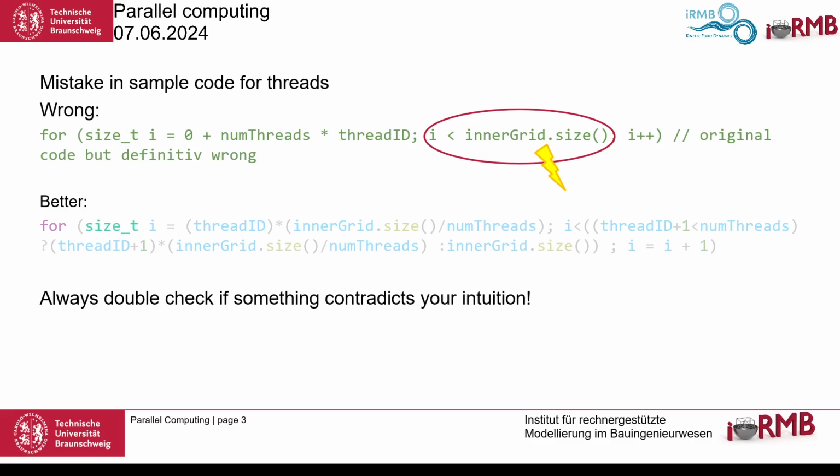Which doesn't make sense. So each one should get a slice, right? So the upper bound of this loop should also depend somehow on the thread ID.